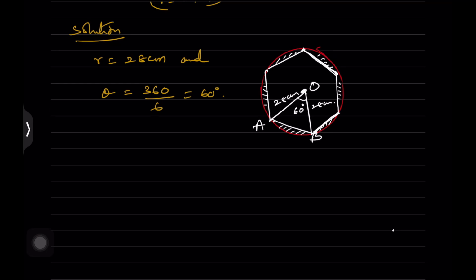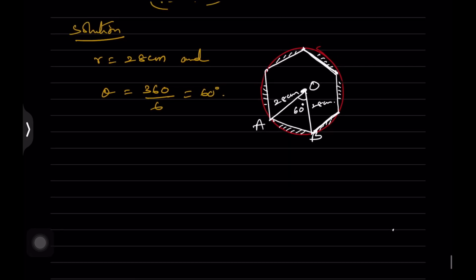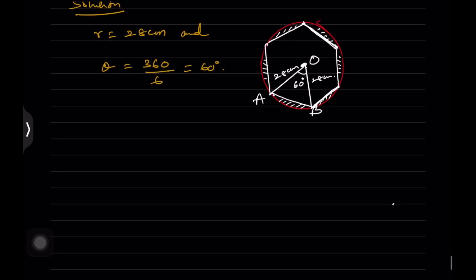So area of the minor sector, what is the area of the minor sector, we'll see. Then the area of the triangle minus the area of the minor sector will give you the area of that segment.